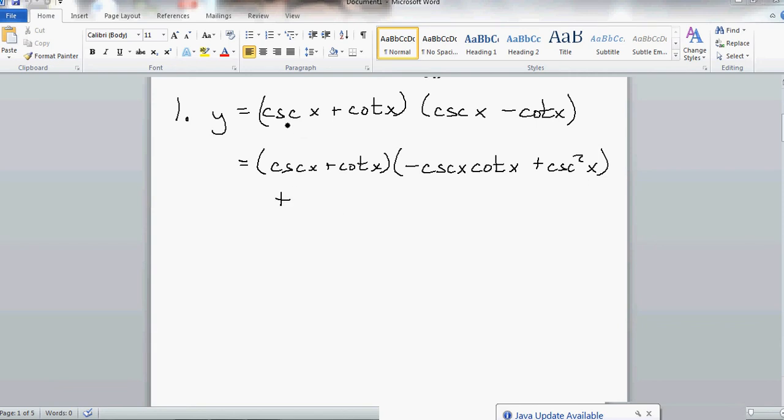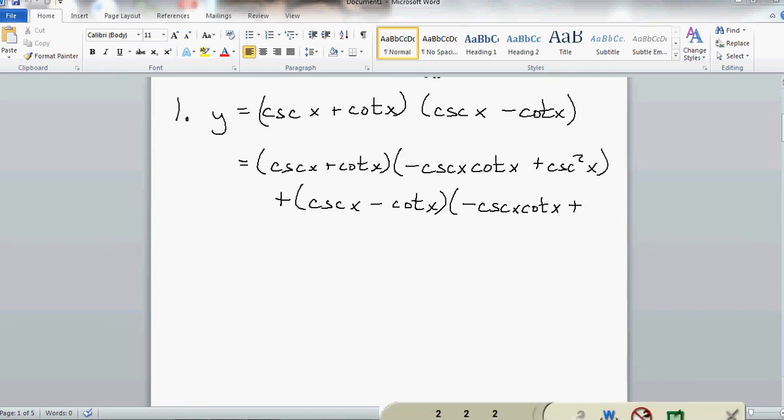Plus, now we have to take the derivative of this and leave this one alone, so I'll just write the one that is left, and then the derivative of cosecant x is negative cosecant x cotangent x plus the derivative of cotangent is a negative cosecant squared, so this becomes a negative cosecant squared of x.